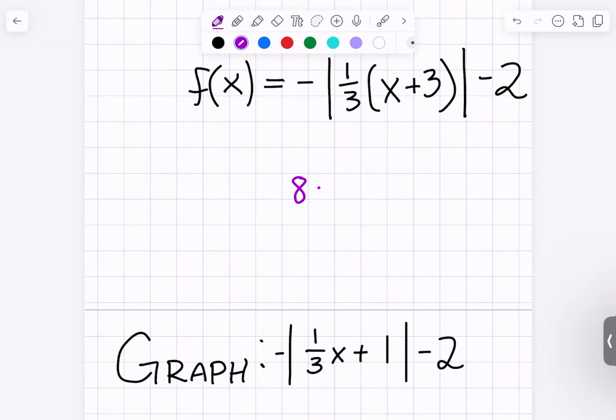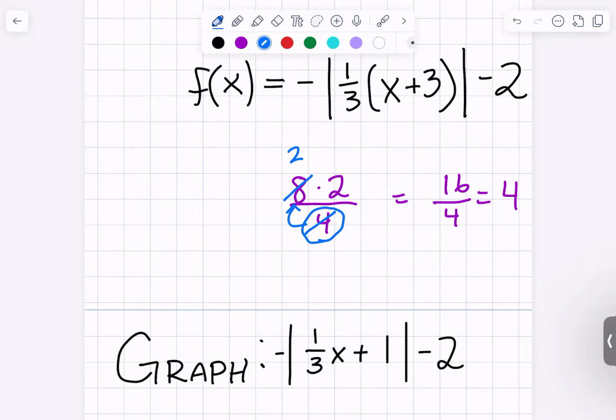So my answer to that would be 8 times 2 divided by 4. Let's just go back to this math. 8 times 2 is 16 divided by 4, which is 4. How else can I get that answer? 4 goes into 8 2 times. So you see how I just divided the 4 with the 8, and I went 8 divided by 4 times 2.